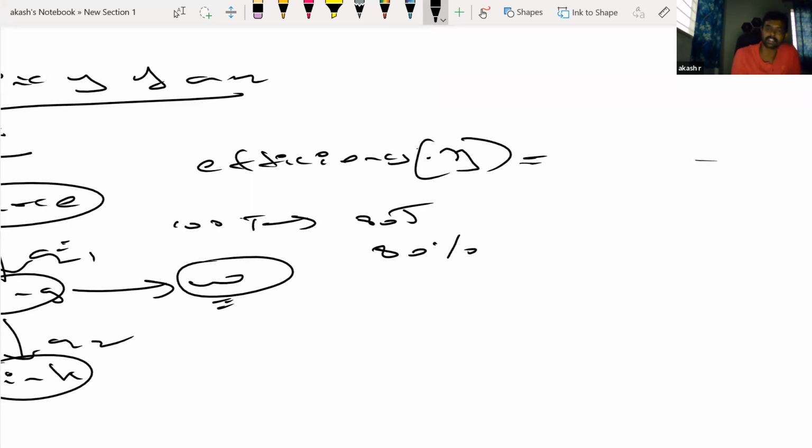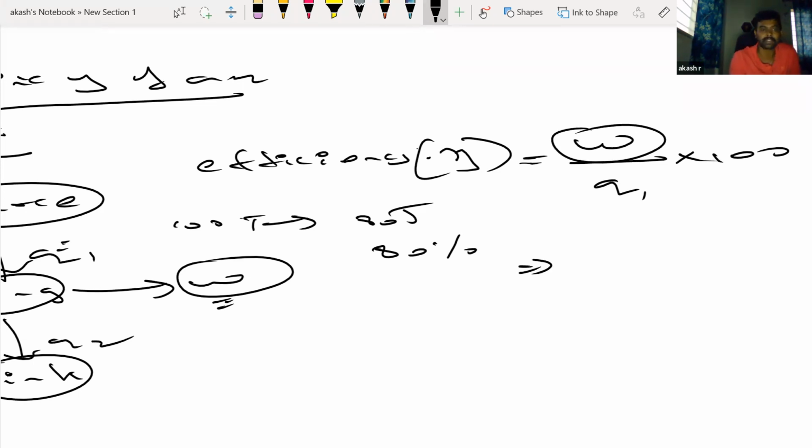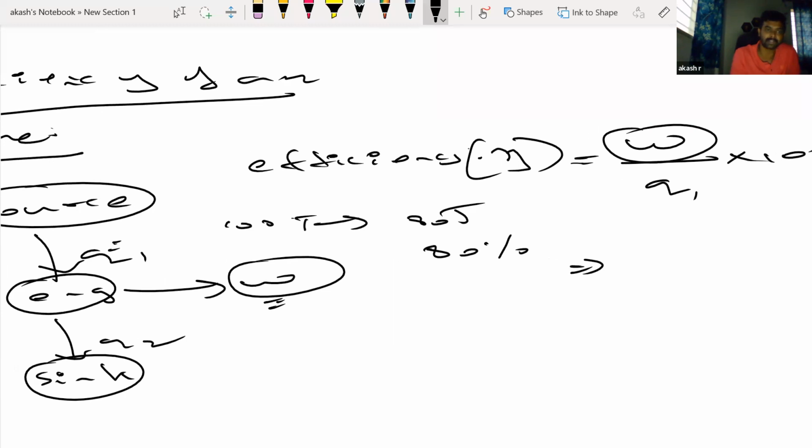So this is nothing but the work output you are getting for the amount of heat given, that is W by Q1 into 100, is your efficiency. Now you can also get this in terms of Q. We know W is the difference between, say, if 100 joules of heat is coming in and 80 joules of work comes out, obviously Q2 would be 20 joules.